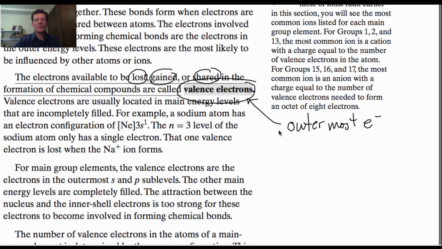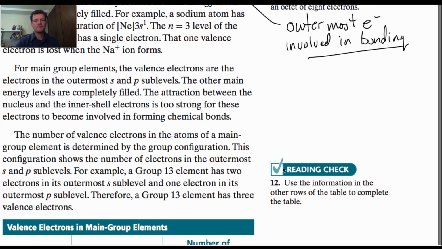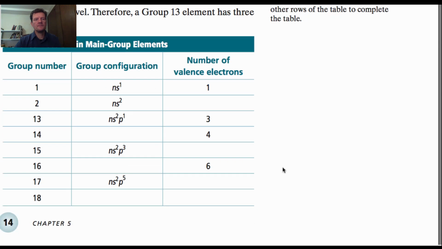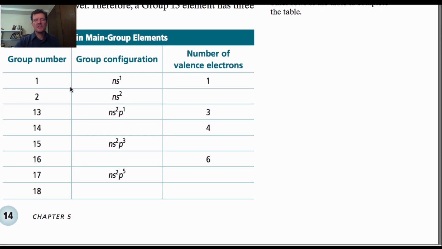In other words, they're the ones that are involved in bonding. You must know this. Okay? And here's the pattern. Remember, everything in group 1 is going to end in something s1. They have one valence electron. Everything in group 2 is going to end in something s2. They're going to have two valence electrons.